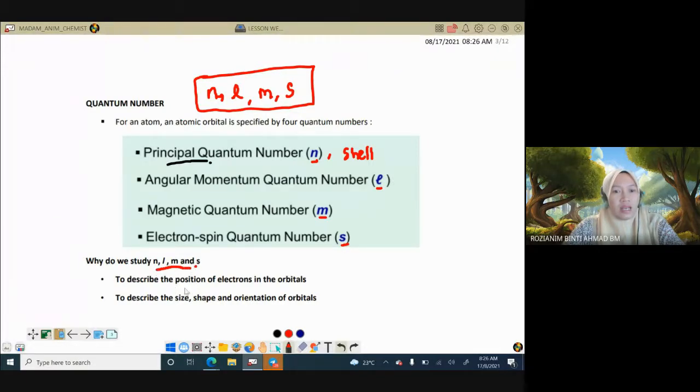First, we want to describe the position of the electron in the orbital. We know we can find the electron in the orbital, but where is its position? If it were a human, maybe it is the driver of the car, maybe a passenger. That is the analogy. Then we want to describe the size, shape and orientation of the orbital. It means that by learning quantum, we can differentiate: oh, a Viva car, a Kancil car, a Honda car, and so on, based on how we find the probability of the electron according to the presence of the orbital.